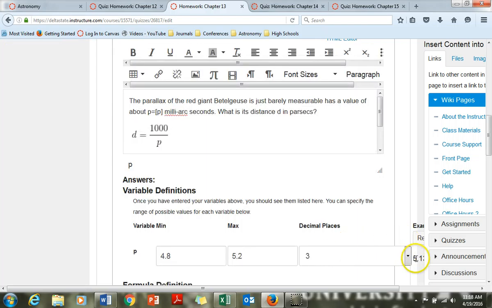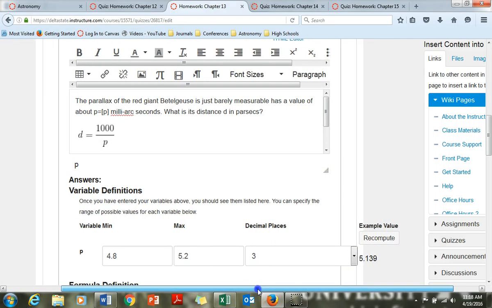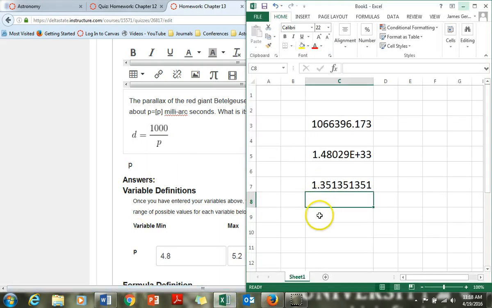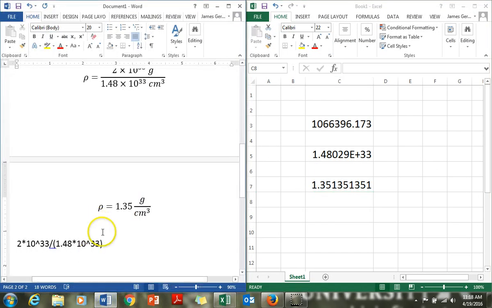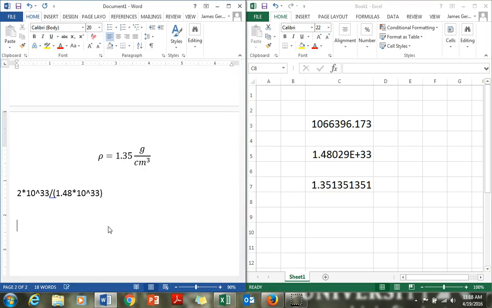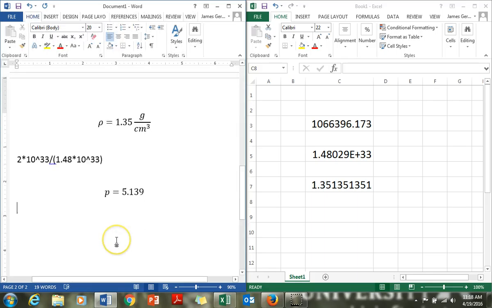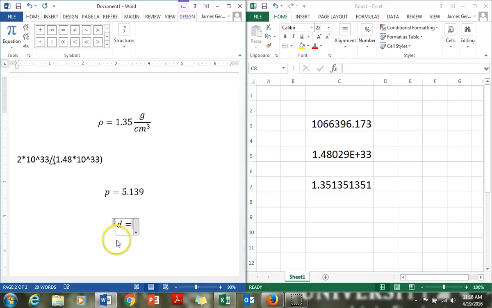The number we have for this problem is 5.139 for P. So P is 5.139 milli-arc seconds, and the distance D in parsecs is 1,000 divided by 5.139.